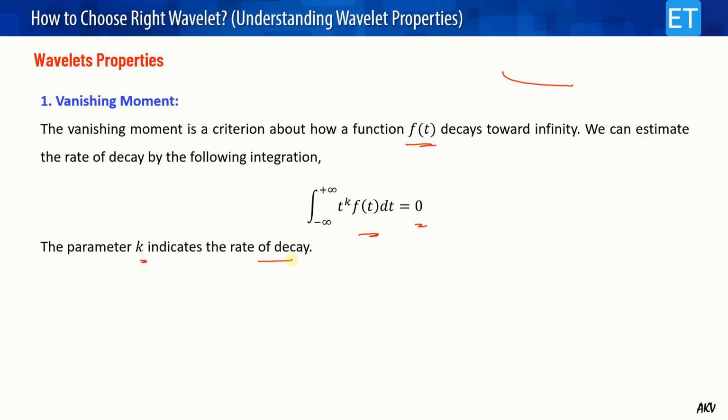Here we can take one example. Suppose my function f(t) is sin t upon t squared. I can do the same operation for this function, integrating from minus infinity to plus infinity, t to the power k times f(t), I mean sin t upon t squared.